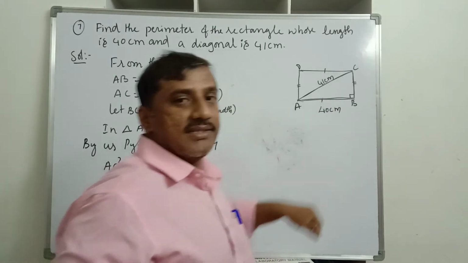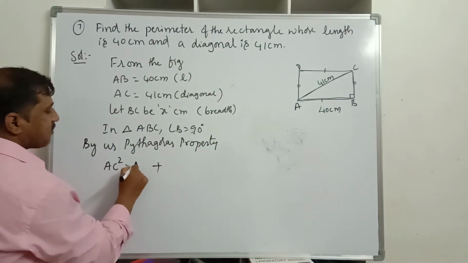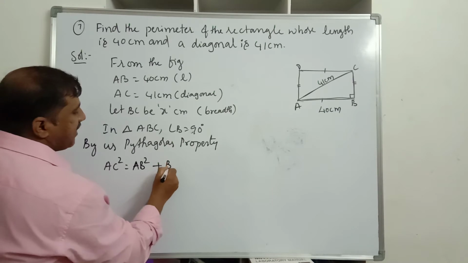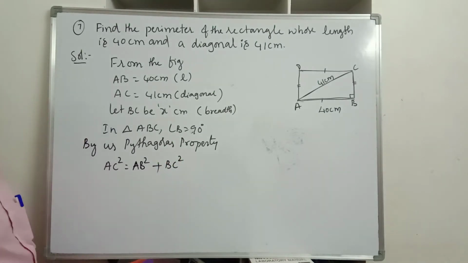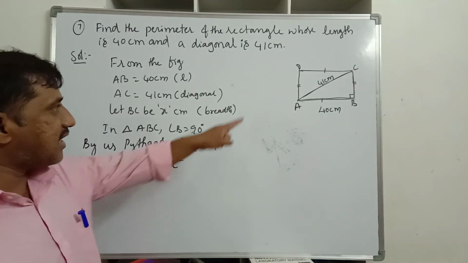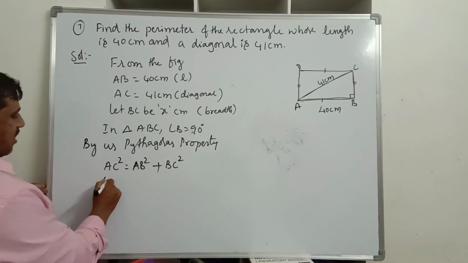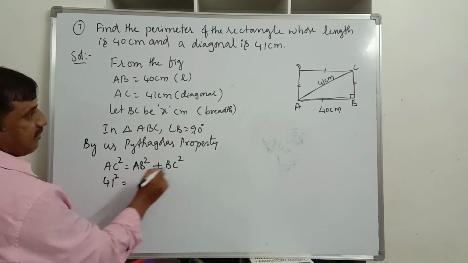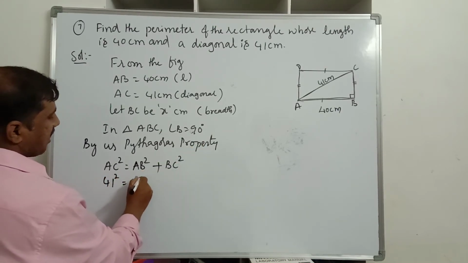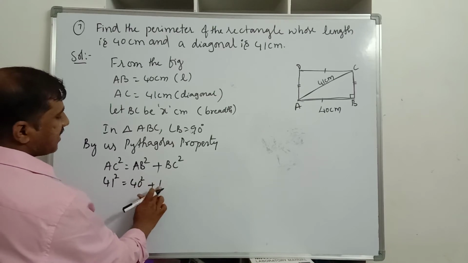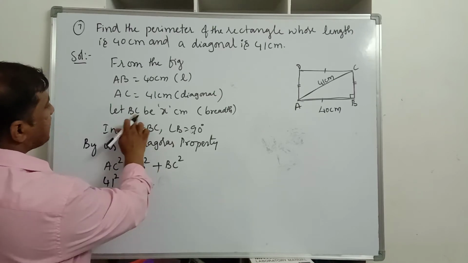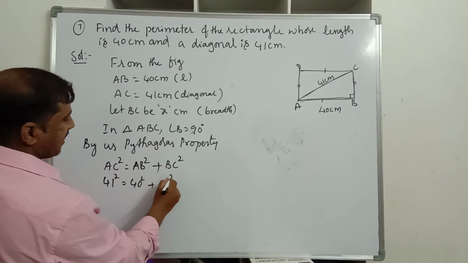AB and BC. So it is AB square plus BC square. Now AC is equal to how much? 41, so 41 square. AB is equal to 40, so 40 square, plus BC. What have we taken BC as? X. Therefore it is X square.